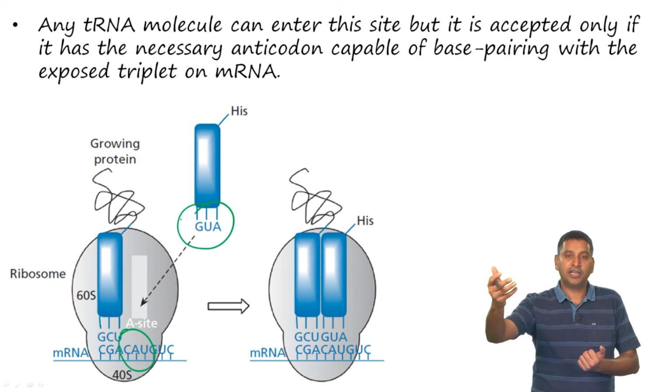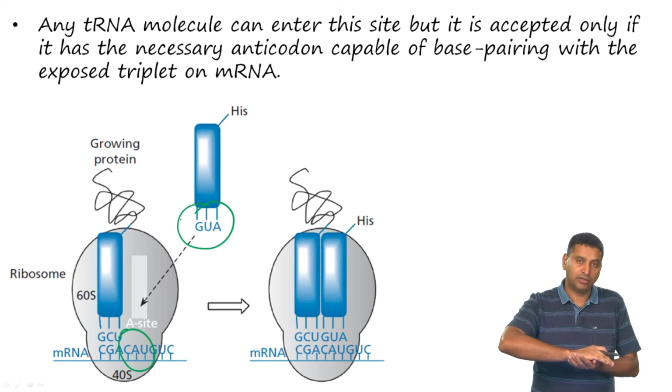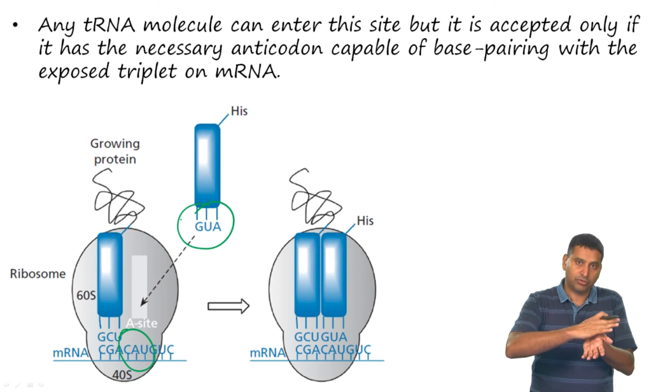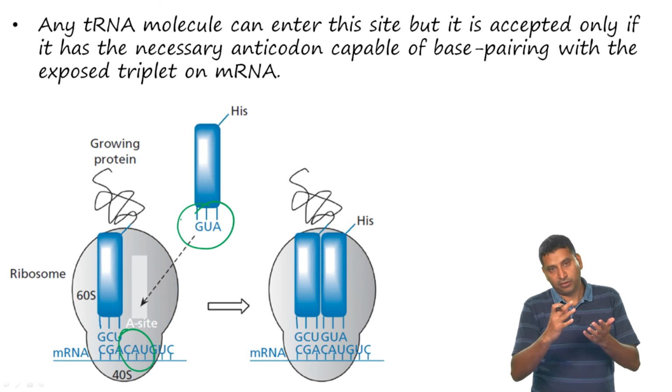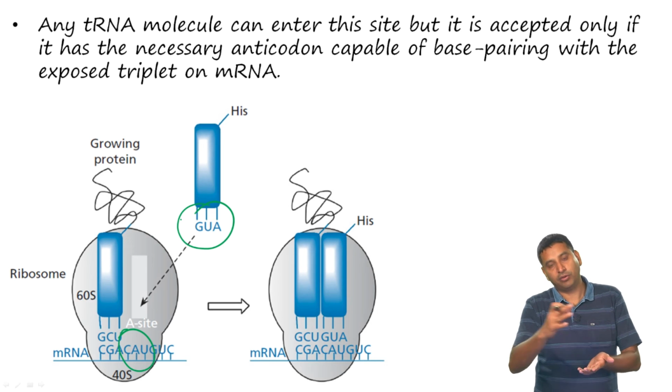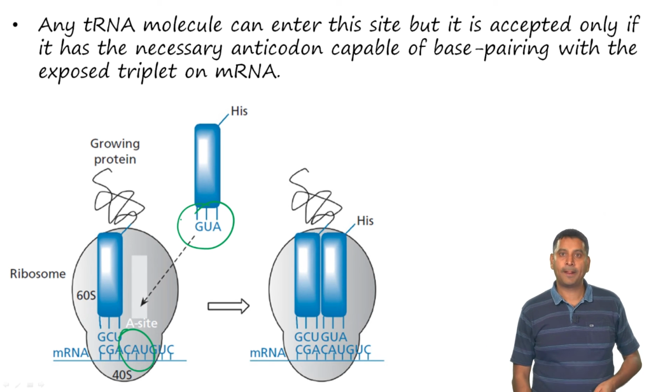Whereas, once the tRNA molecule with the correct structure comes in, it is going to bind, and the binding is so strong that it is able to occupy the A site and carry forward the protein synthesis.